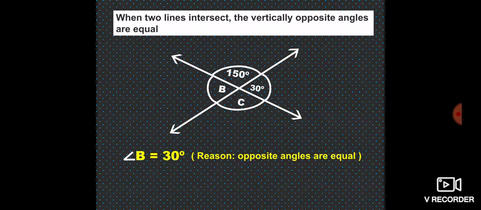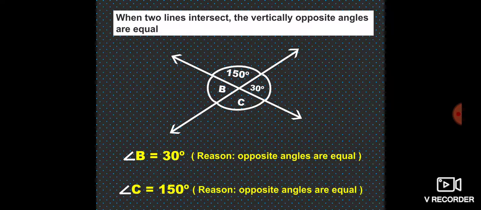Here angle B equal to 30 degree. Reason: opposite angles are equal, therefore B equal to 30. Just like angle C equal to 150 degree. What is the reason? Opposite angles are equal. So C equal to 150 degree because opposite is 150. B equal to 30 degree because opposite of B is 30 degree.